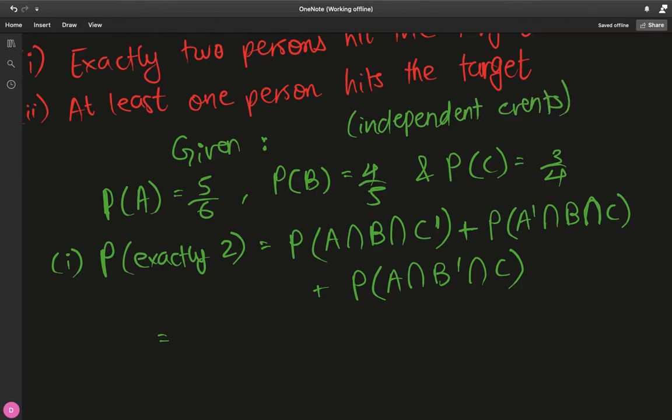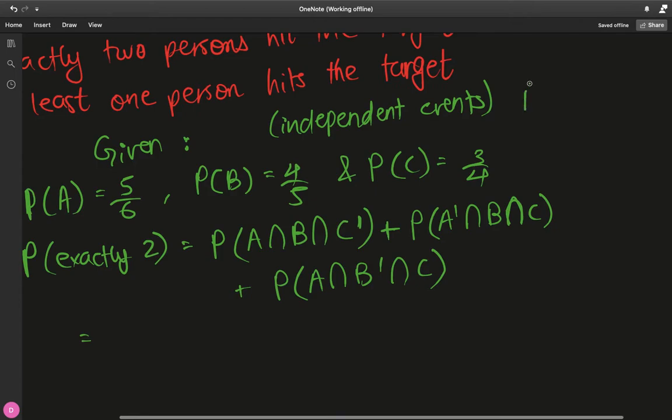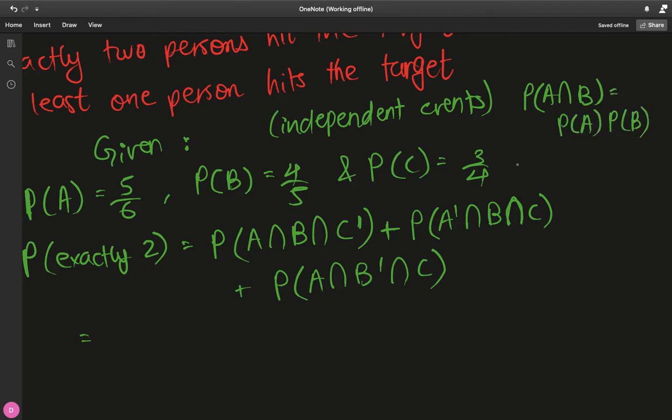And one great thing of independent events is, say, the probability of A intersection B is equal to the probability of A multiplied with the probability of B, and that happens when three things are also in intersection.